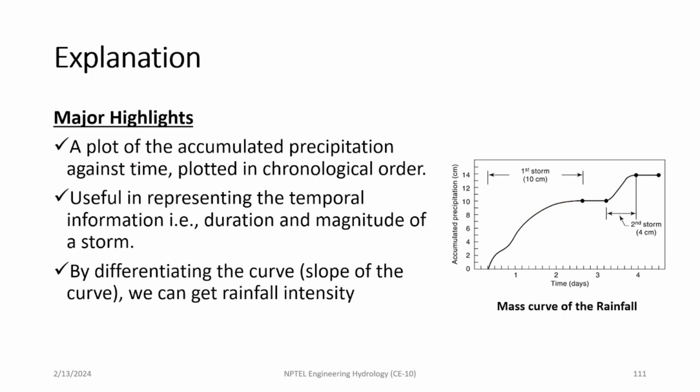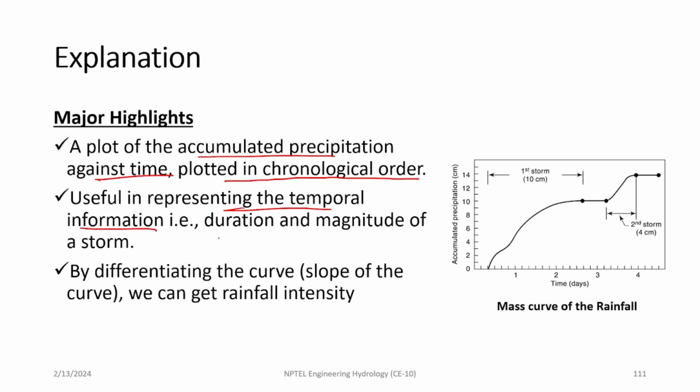Some of the major points associated with this: accumulated precipitation against time is plotted in chronological order, so it will be only increasing, going one after the other. These types of curves help in identifying the temporal information of the rainfall.